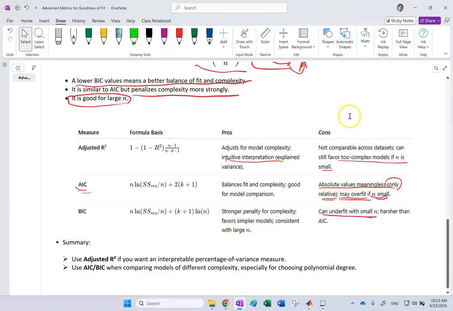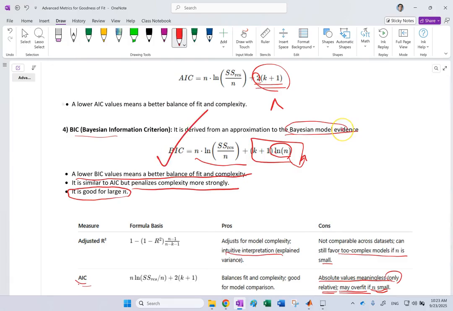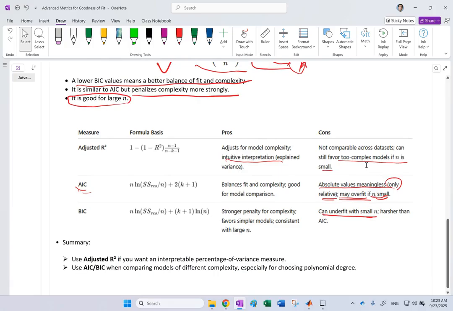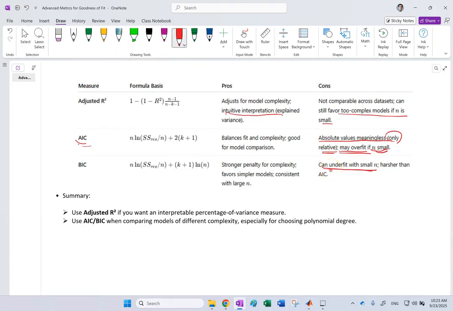So if you have large n's, BIC is always the way to go. If you have small n's, you probably want something like AIC, although it might overfit, or a combination of them. So I would say, if you want some interpretable measure, adjusted R-squared is good.